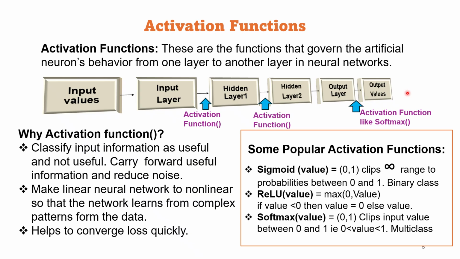Before discussing each of those activation functions, let us understand why we need activation function. When information is fed to the brain, it tries to classify the information into two categories. Can you guess the two categories? Yes. One is useful information and the second category is not useful information.